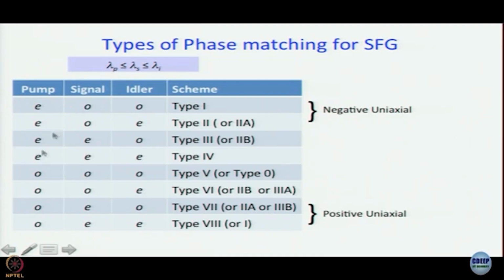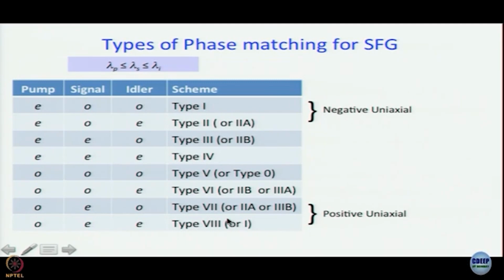Of course, you might as well call it EEO, means the same. In fact, you see OOE is called type 1, EEO is also called type 1. Only if you want to differentiate between the polarization of the incoming light, whether you want to specify that it is horizontal or it is vertical, then you call this type 1 and you call this type 8.